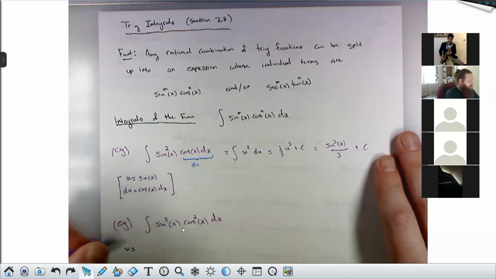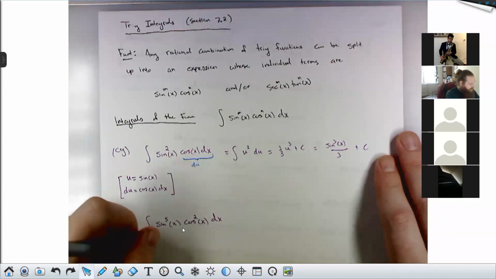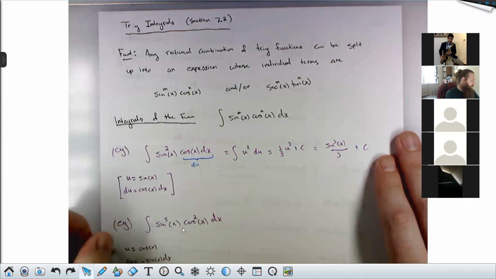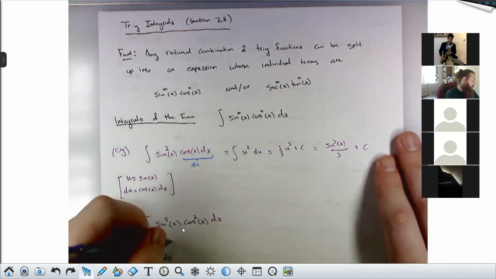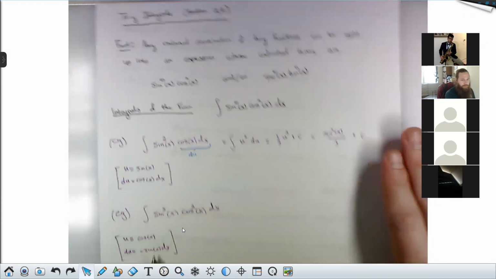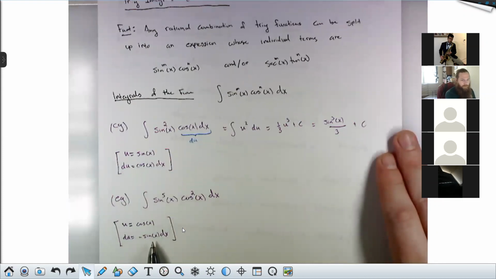Here I have cos squared. I'm going to sub for cos. Du is then negative sine of x dx. So this du is going to eat up one of these sines. Does everybody see that? However you choose to think about it, if you solve for dx and plug in, then one of the sines would cancel.